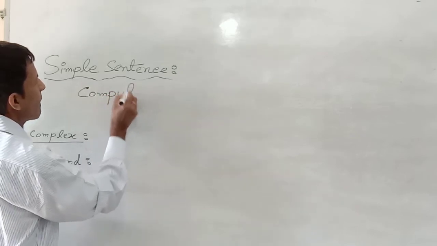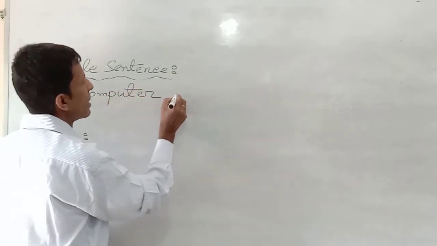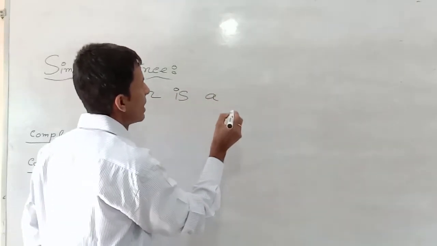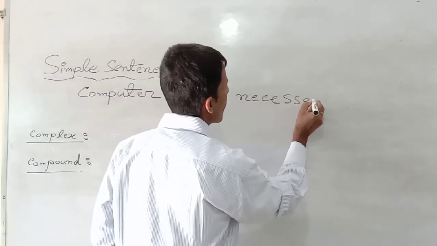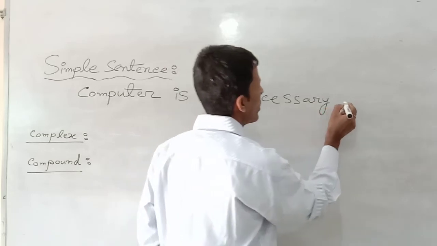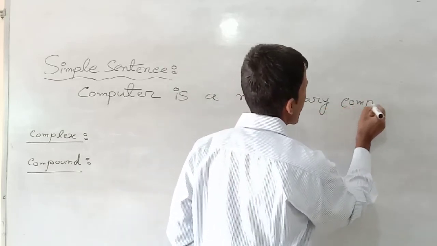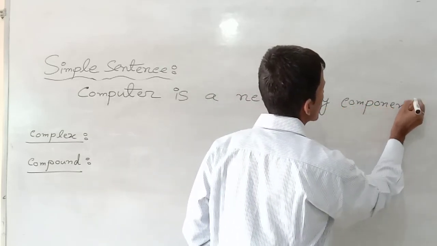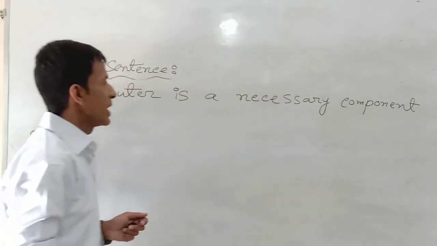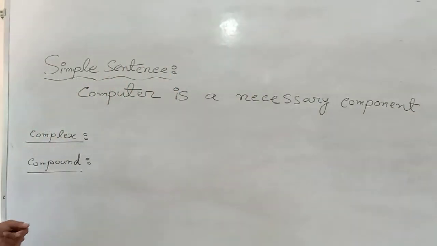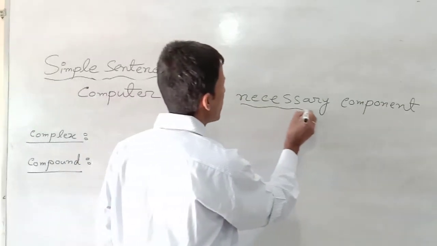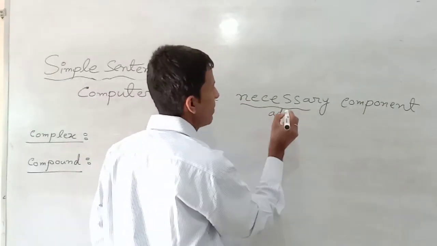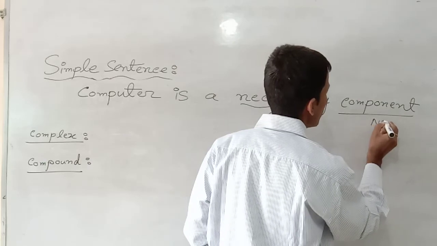Computer is a necessary component. Try to watch this example and find the similarity between these two examples. Necessary is used here as adjective and component is noun.